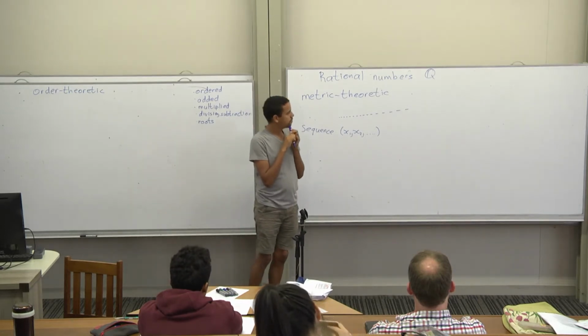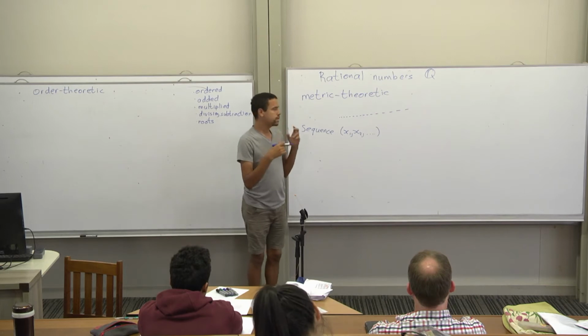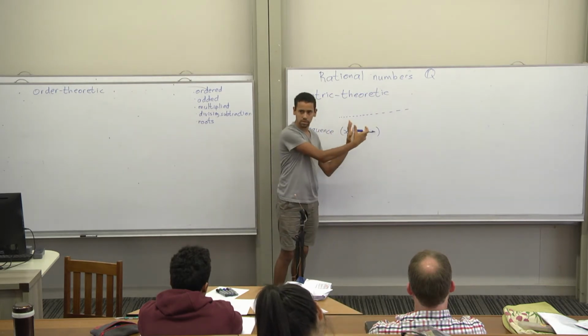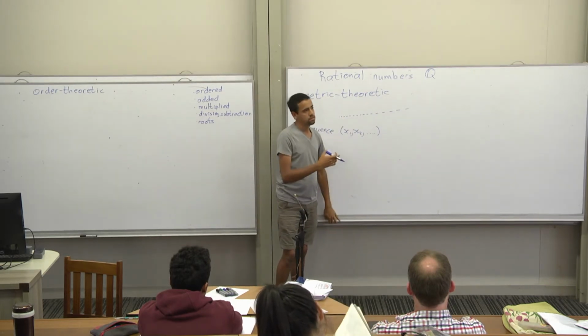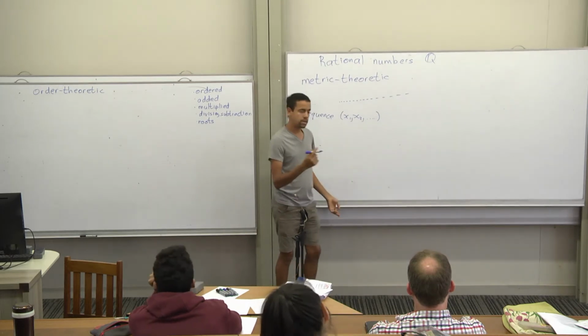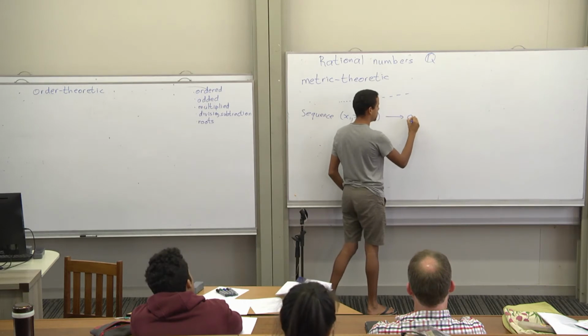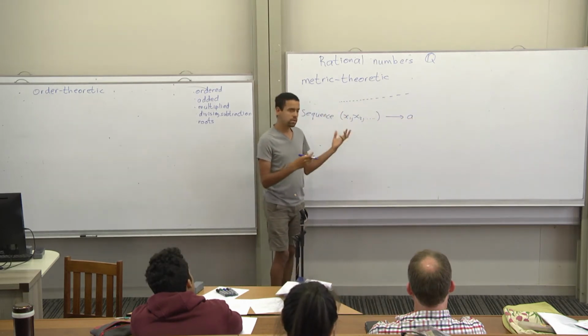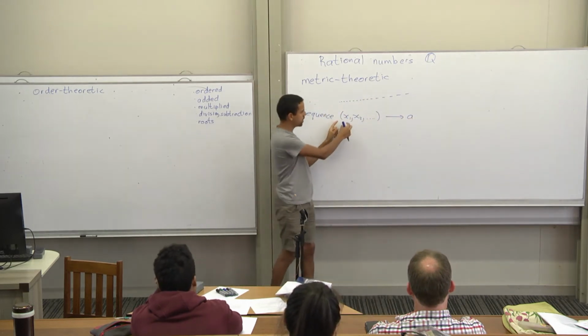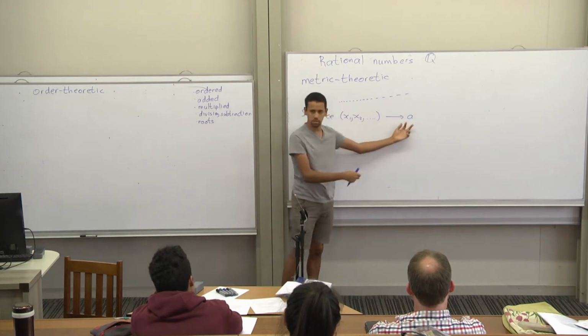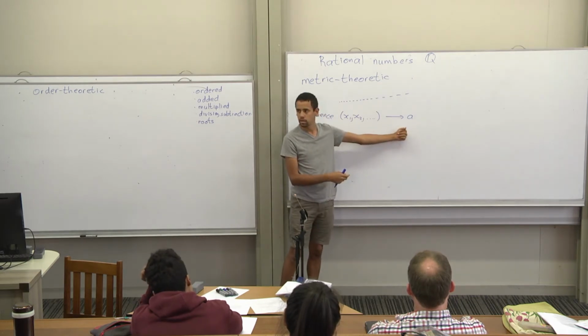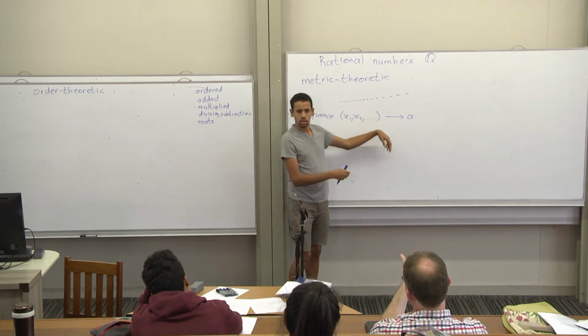And the idea of saying that this sequence is getting close to some value, well, first of all, if you know what that value is, let's say you want to say it's getting close to some number a. How would you write down the fact that the elements of the sequence are getting close to some specific number a? You put a in between x1 and x2.